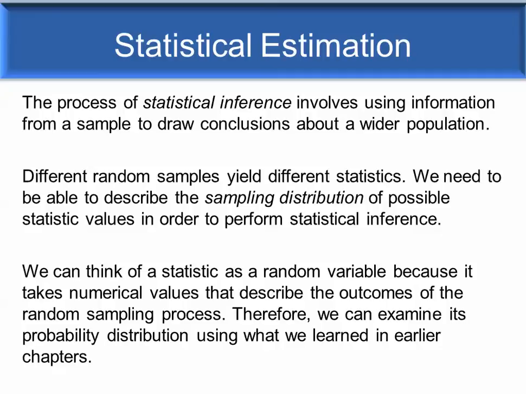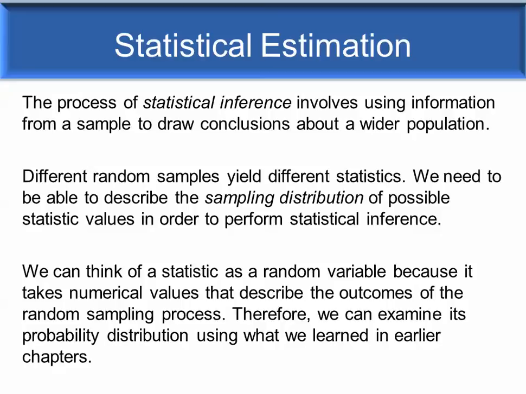Now that we're going to be doing inference, the distribution curve would actually be this: we'll take the mean of these 100 people, the mean of the next 100 people, the mean of another 100 people, and plot the distribution of those means. That will allow us to use what we've done in the past to make inferences about the population.